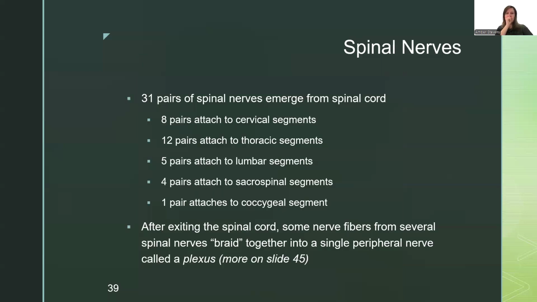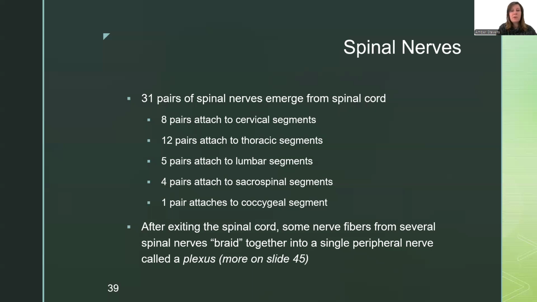All right, so unlike cranial nerves, spinal nerves do not have special names. Instead, they have a letter and a number. So, for example, you have C1, that's the first pair attached to the cervical segment.